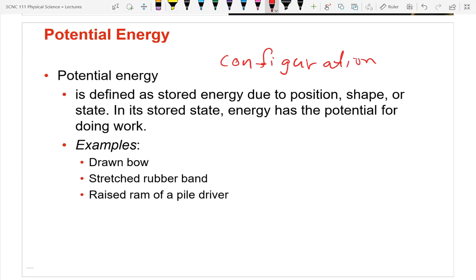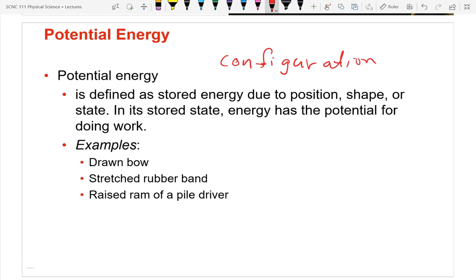If I stretch it, it will have a force to pull back. And because it has that force to pull back, it will do work. I did work to stretch it. I had a force I applied over a distance. When I let go, it will return with its force over that same distance and do the work back. So it stores energy and then releases it when you let go.